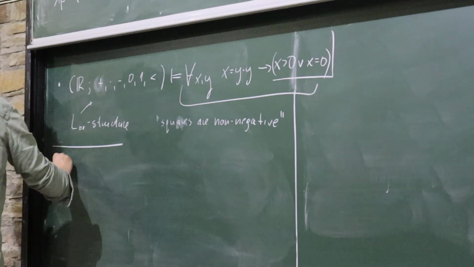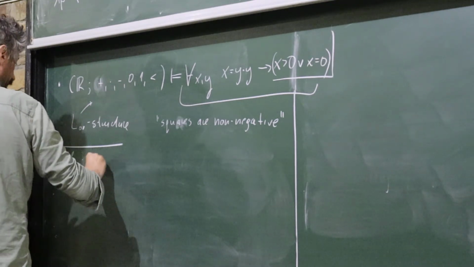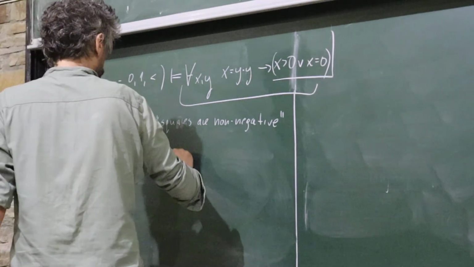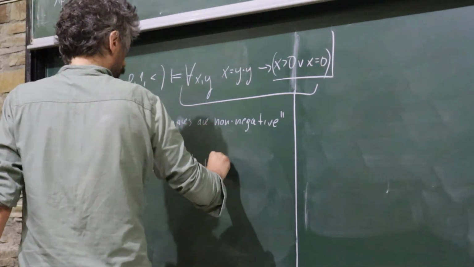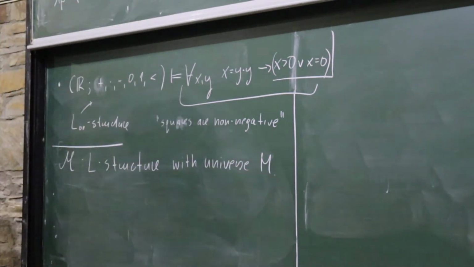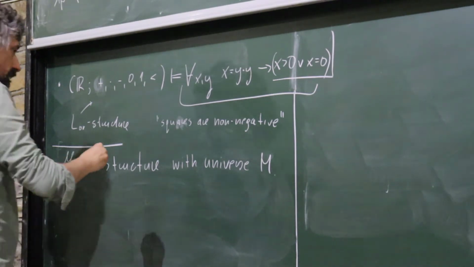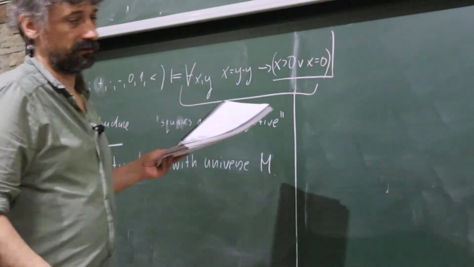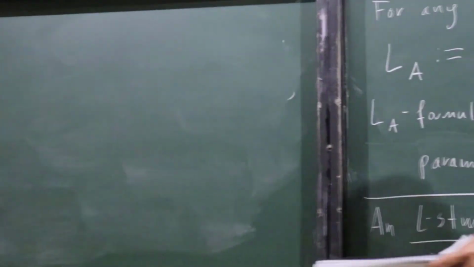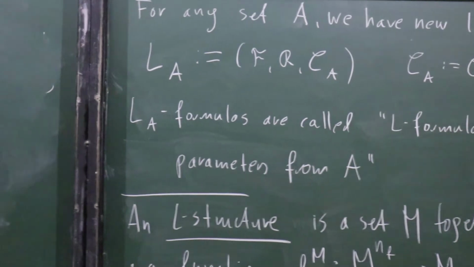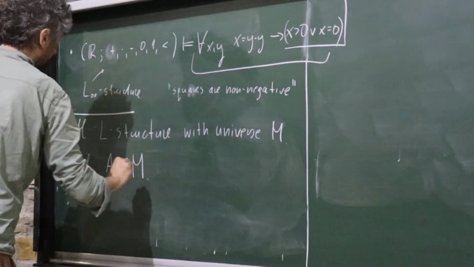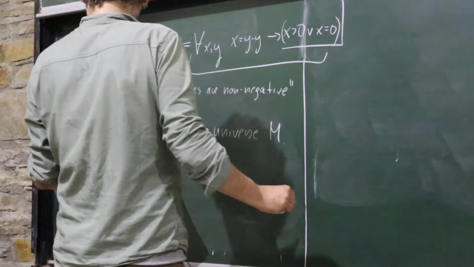So let M be an L structure with universe M. And this will be an important case when this new language will be used, and A be a subset here. Then we create a new language.